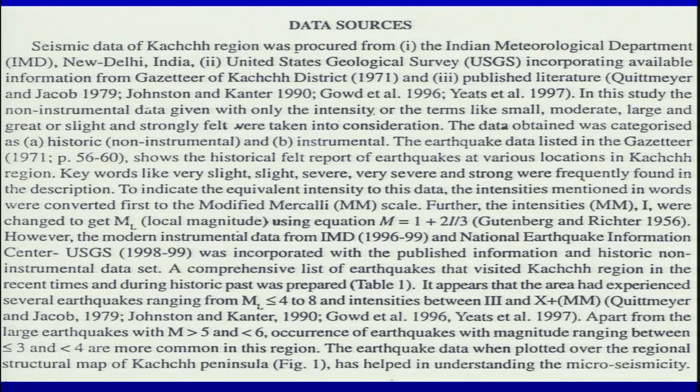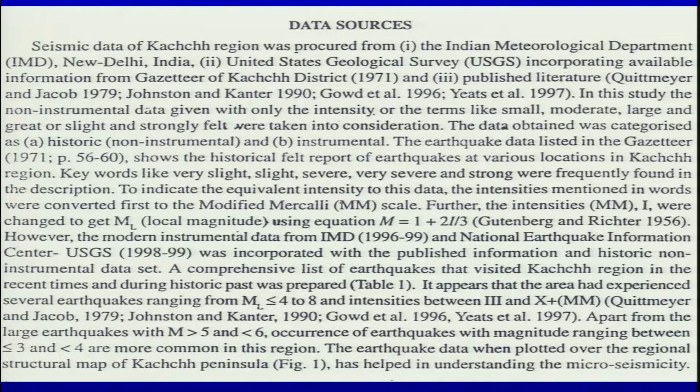So based on this, earlier the isoseismal maps were prepared, and even today we try to classify the areas based on the intensity and the damage pattern. The intensity mentioned in words was converted first into the modified Mercalli scale.